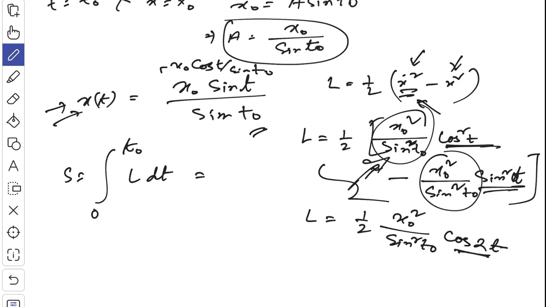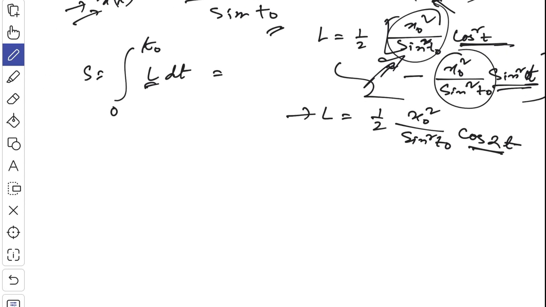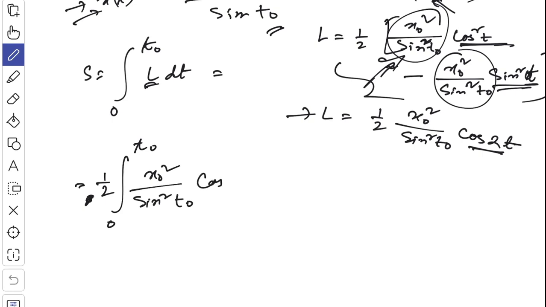Okay, that's it. Now let us use this value of L here. If you use this, then what will you get? The integral from 0 to t naught, and that half will be outside the integral. Then x naught square by sine square t naught times cos 2t.